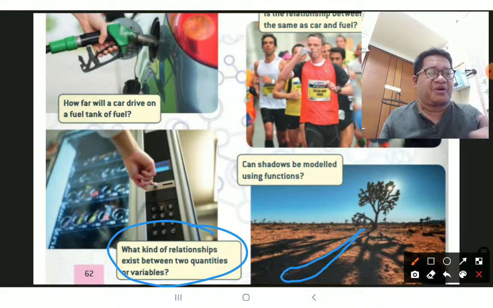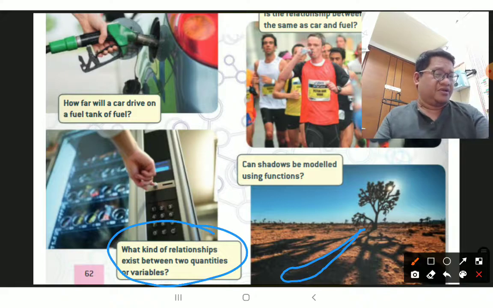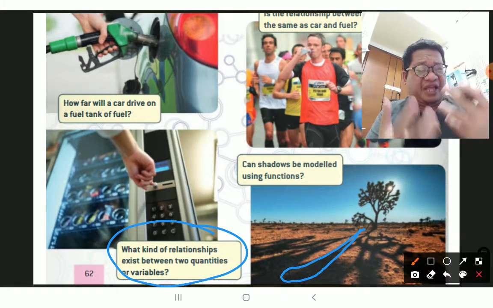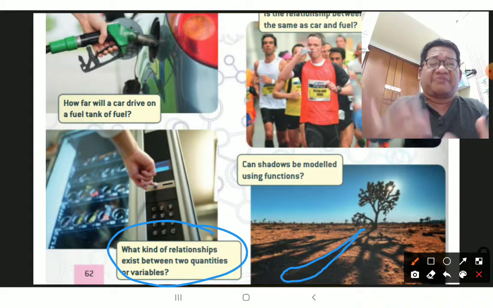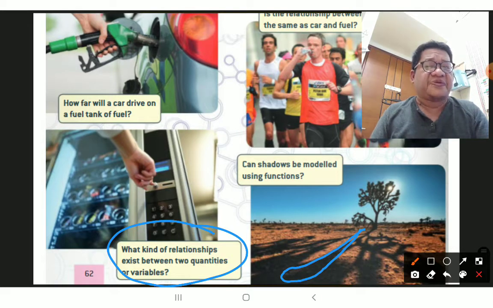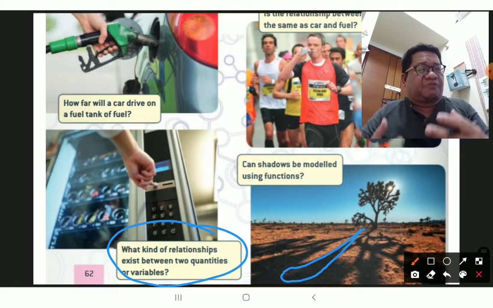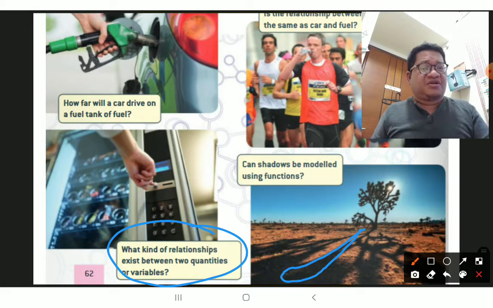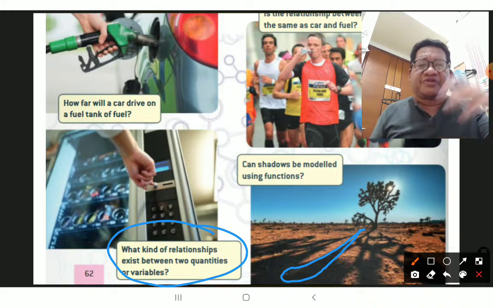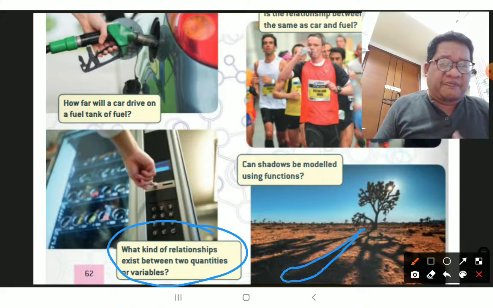The number of appliances and the consumption of electricity have a relationship between the two, and in math, that's what you would like to find. Or the number of people living in the house has an impact on your water bill.